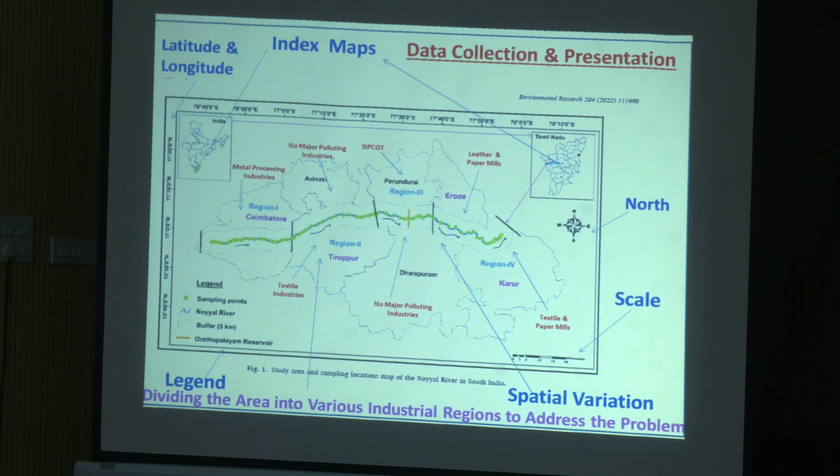Another important thing is, here we have divided this entire area into so many regions. Normally people will not do this. You can refer to papers; they will simply present the data. Here we have divided into regions, for example region 1, region 2, region 3, region 4. Then you have to address your problem.